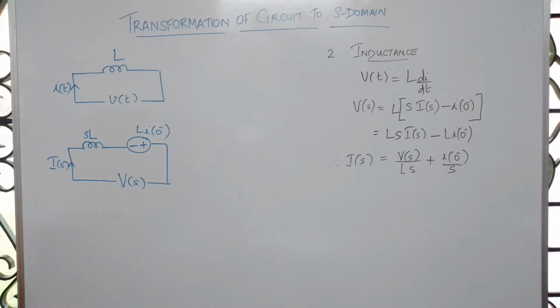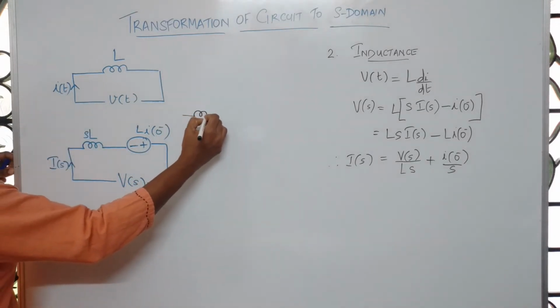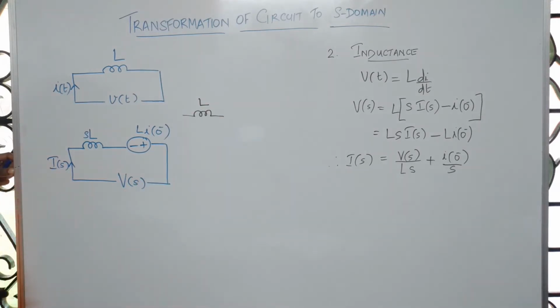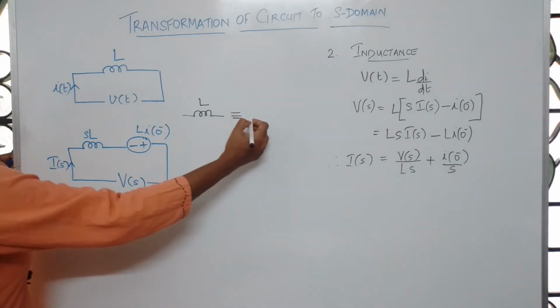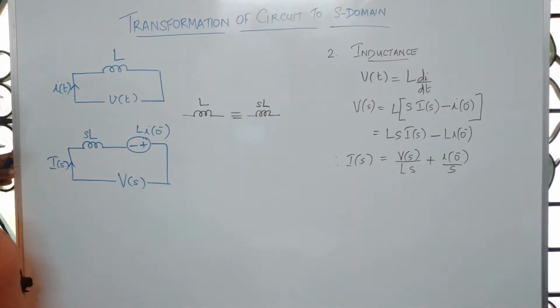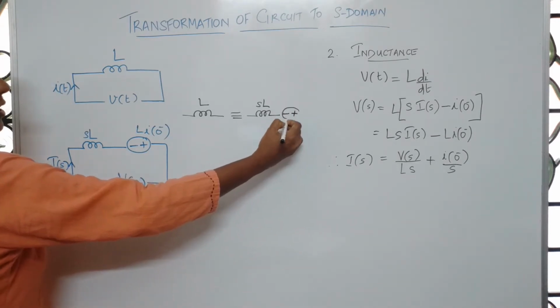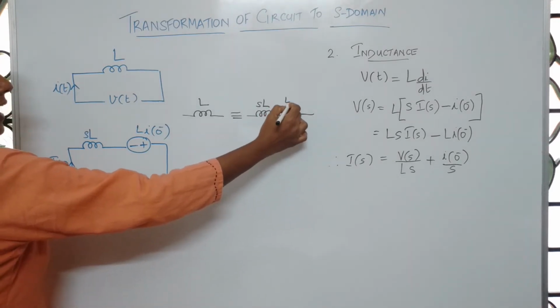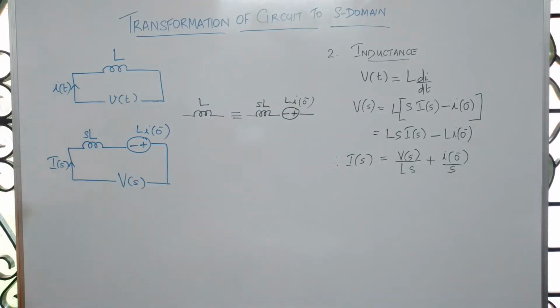So this is how you represent an inductor in S domain. That is, an inductor of value L in time domain is equivalent to SL in series with a voltage source having value L into I of 0 minus.